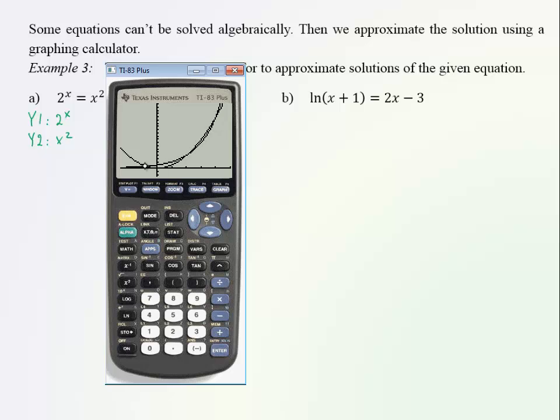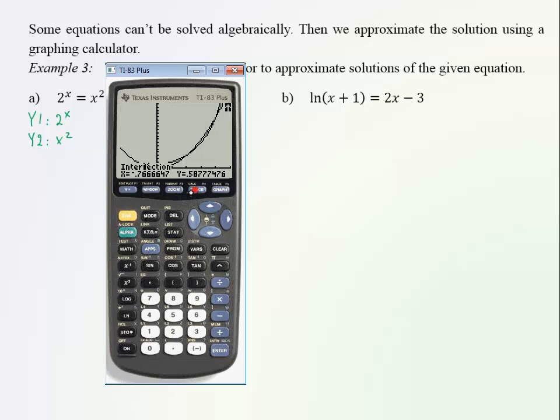And then in order to find those intersects, it's enough to go second calc, intersect, number 5. The calculator asks us for first curve, you say yes, enter, second curve, yes, enter, and the guess. Well, let's scroll first to the left-hand side, to the first root, enter, and the intersection is given as -0.767 when you round it.